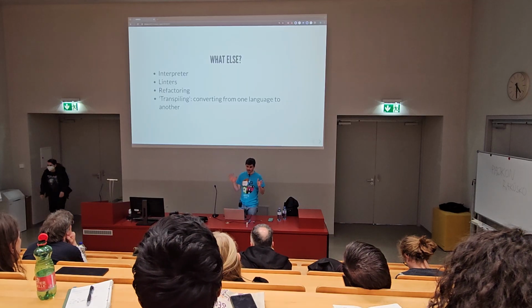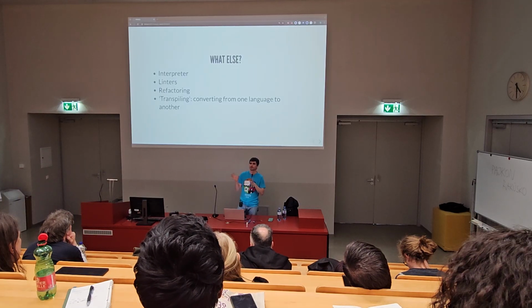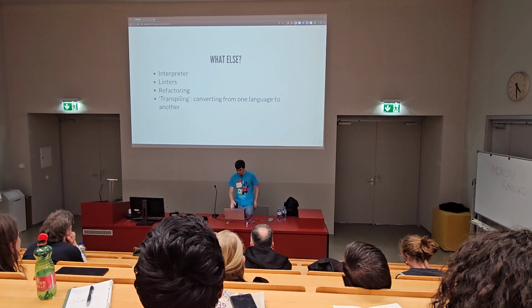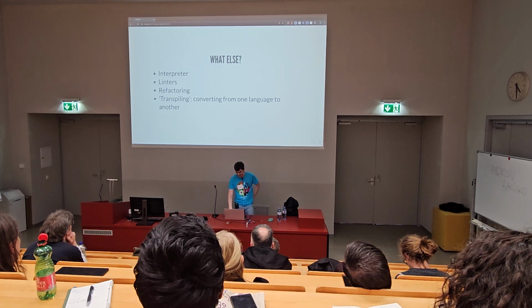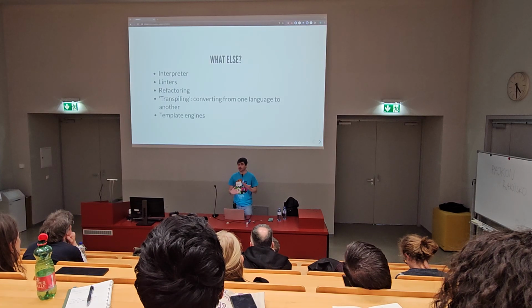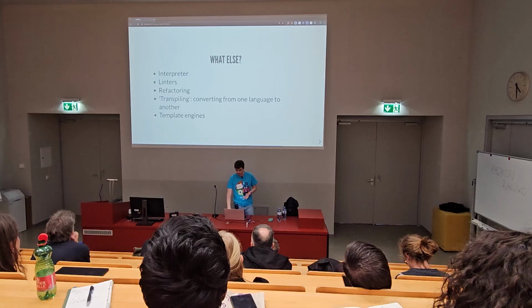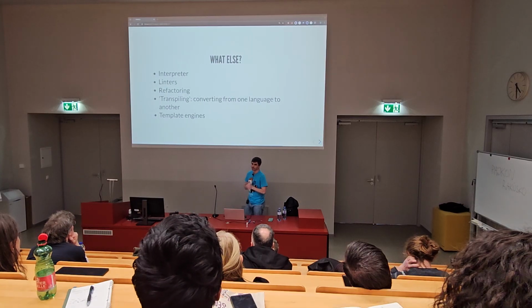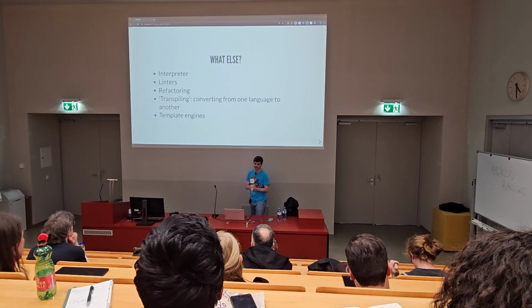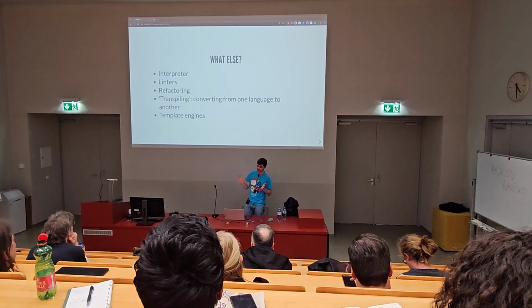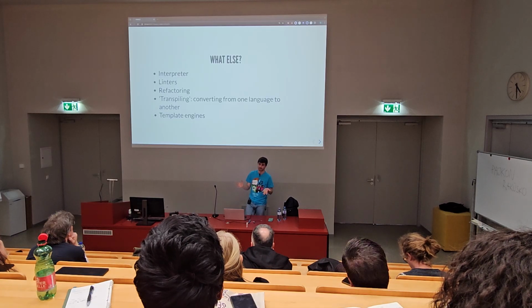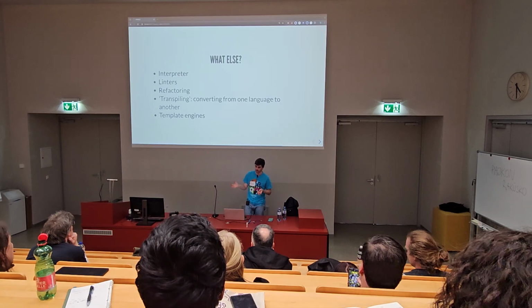Transpiling is converting from one language to another. It's one more word to say compiling. It's also used in template engines like Jinja 2. So I think it's a fundamental concept, not because it's super basic or simple, but because it shows up in a lot of the tools that we use.